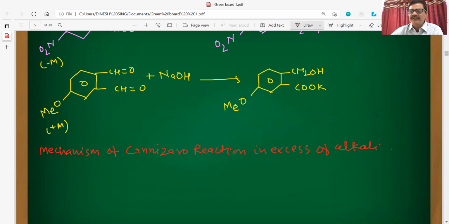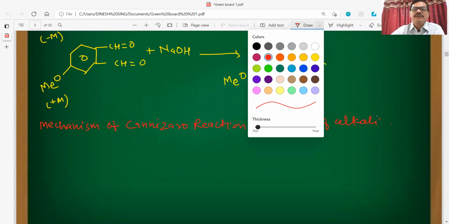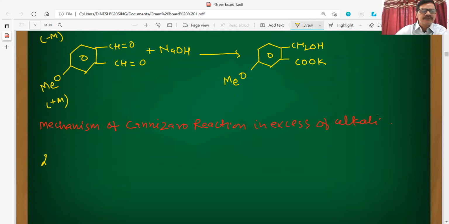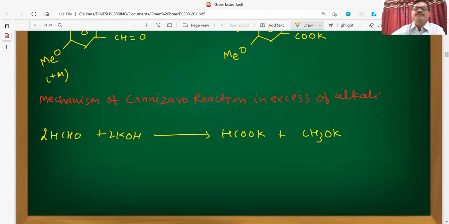If we take excess alkali, for example formaldehyde HCHO plus 2KOH, the products formed will be HCOOK plus CH3OK. Here it is following fourth order kinetics.